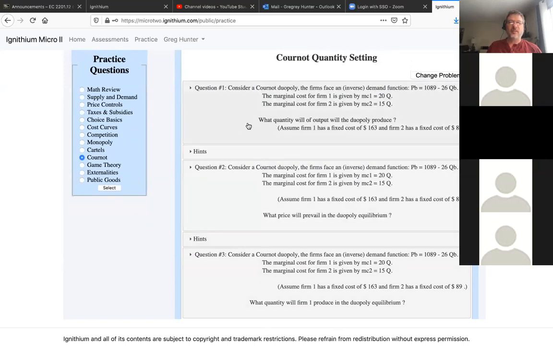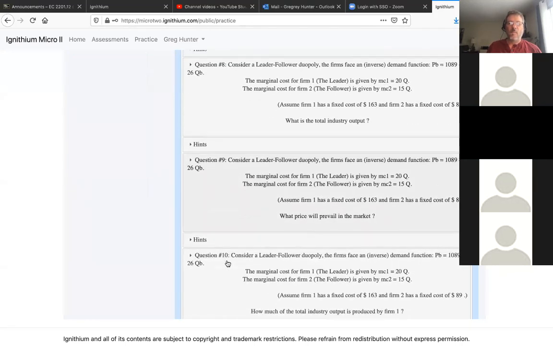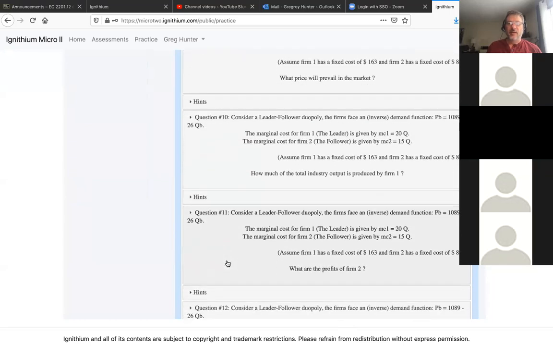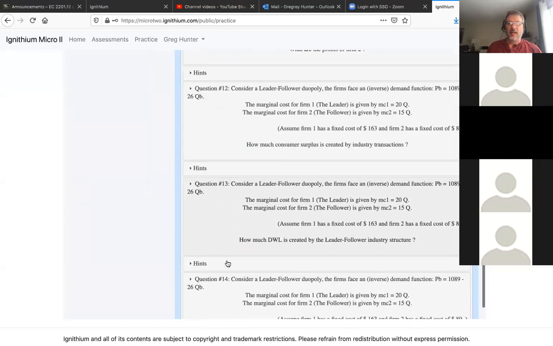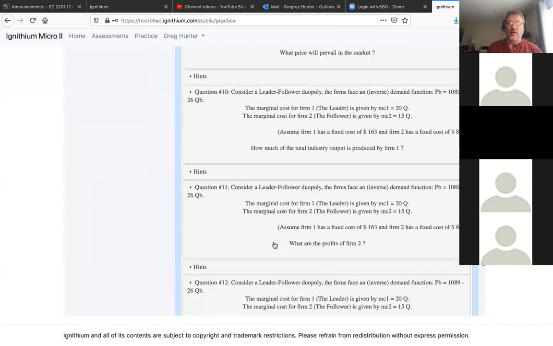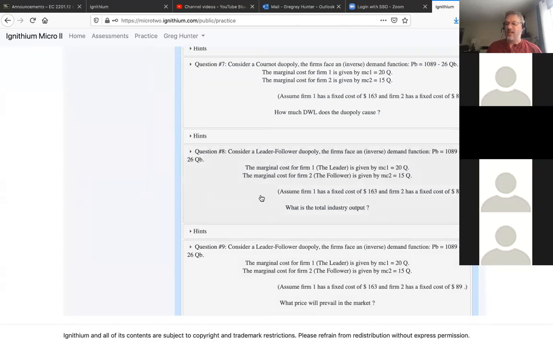So let's do question number 1. Question number 1 says, what quantity of output will the duopoly produce? And let's do question 8.